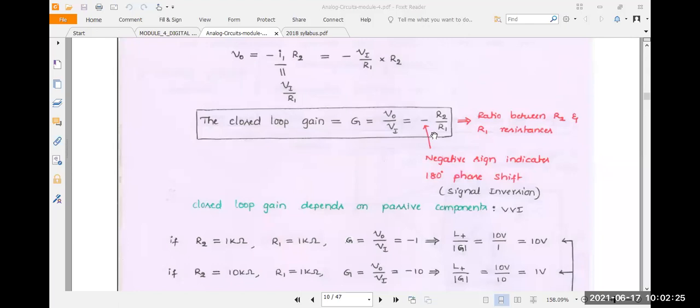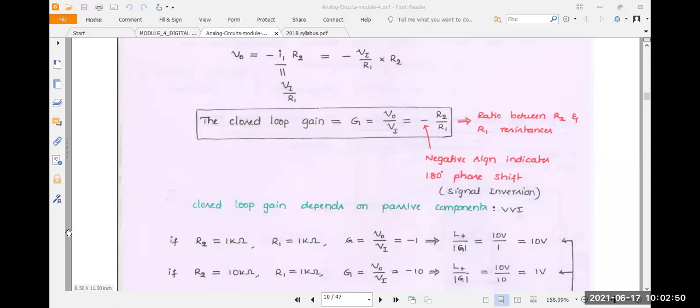G is equal to minus R2 divided by R1. This is the gain equation for the inverting amplifier. Remember this point.